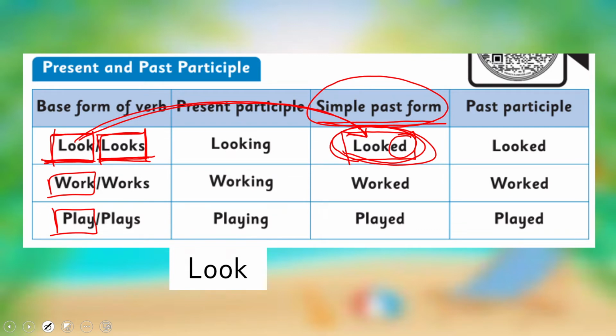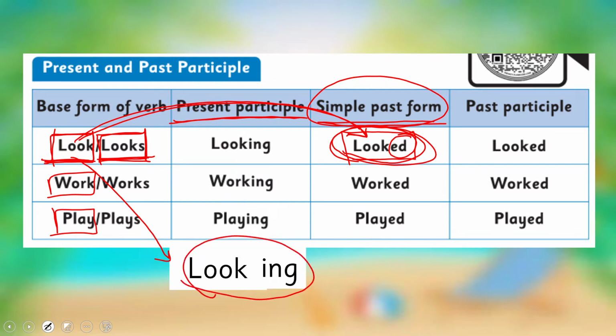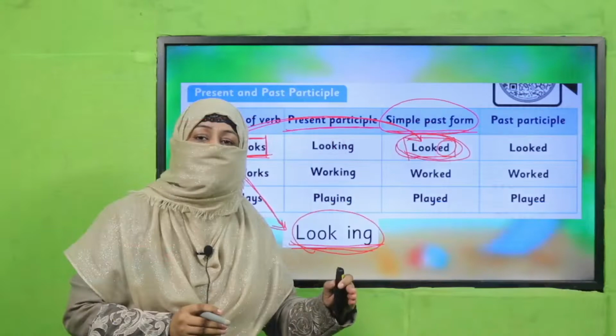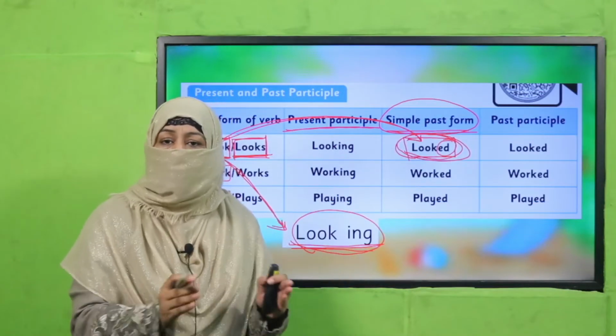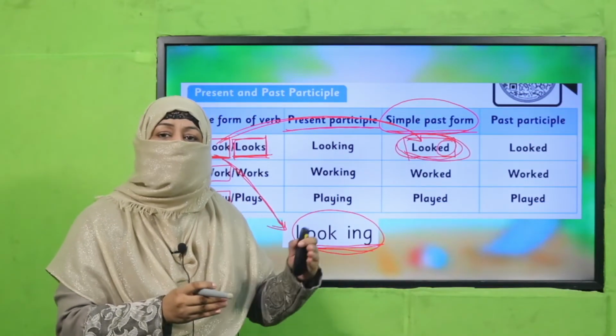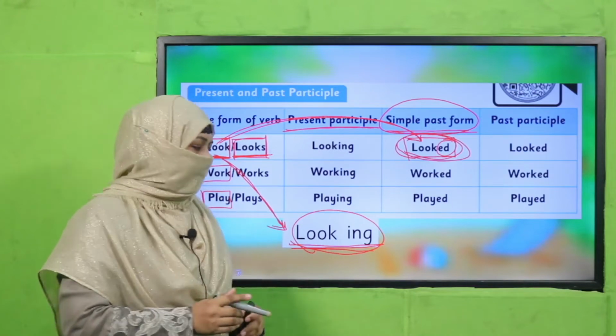Now I'm teaching you another form, which is the present participle. What happens? We take the base form and we add ing. It becomes the present participle of this verb. And where do we use it? We use it when we want to show an action which is in progress, meaning which has not yet completed, it is still going on, right?